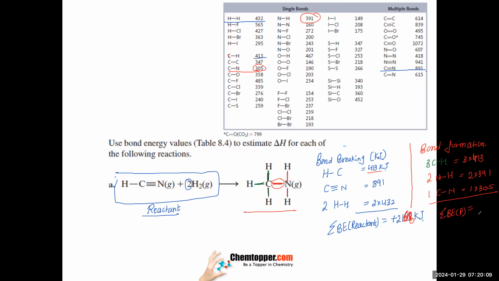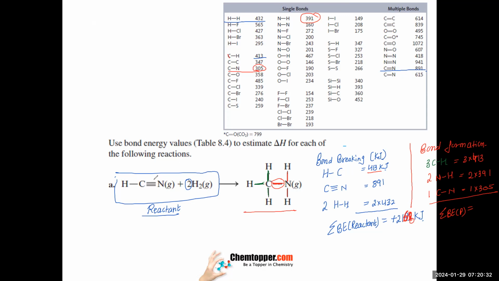How much is this? Okay, what is Dhruv saying, children? You did the CN calculation for bond breaking wrong. Why?